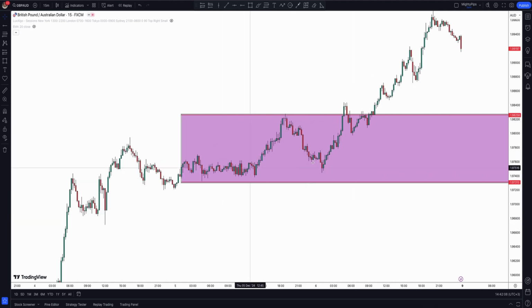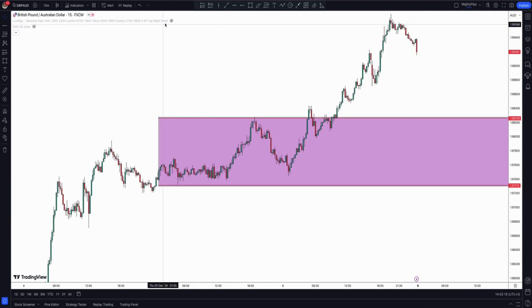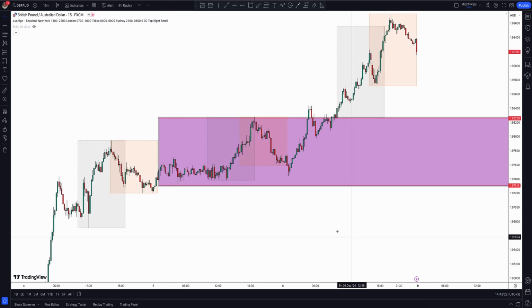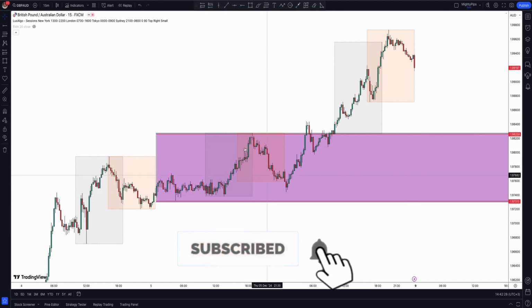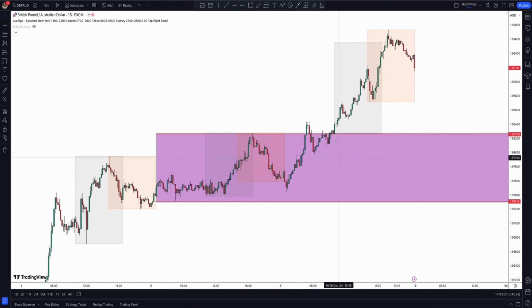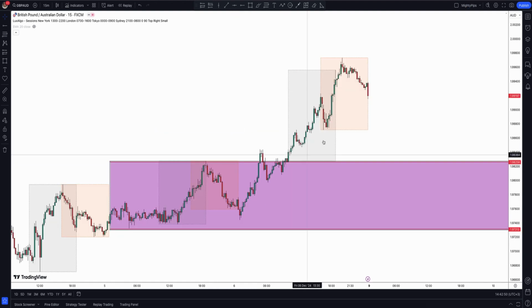this purple area or this zone here. If I put in the London sessions indicator, you can see that it will show us the London and New York sessions for this purple zone. So after this area, look for the next or current day's New York and London session.